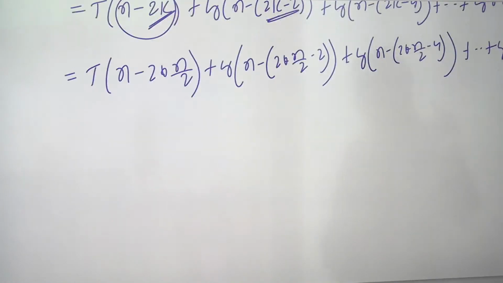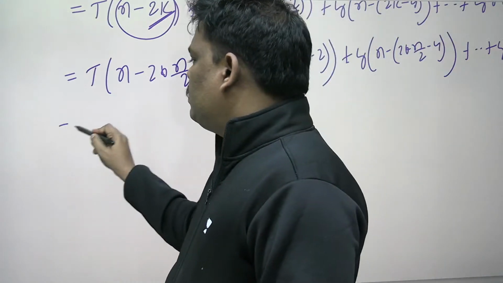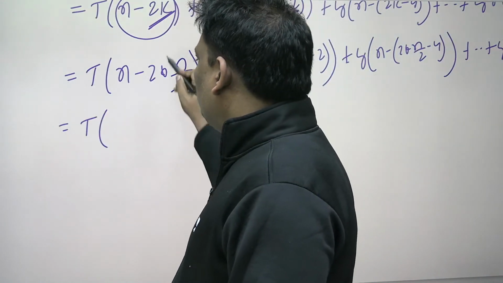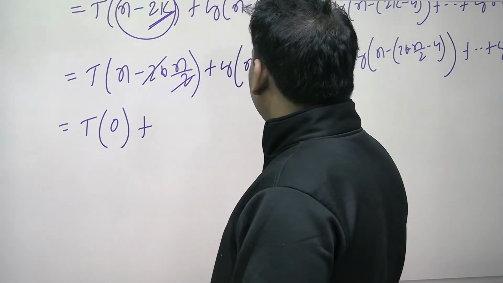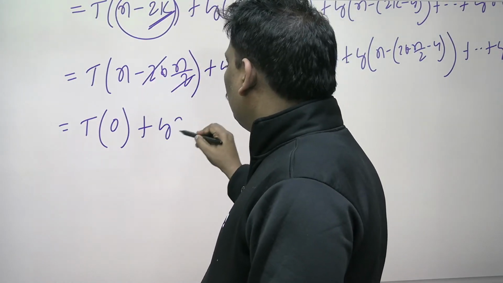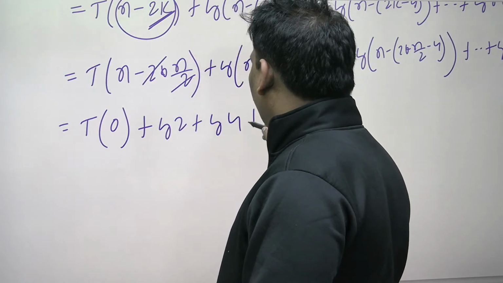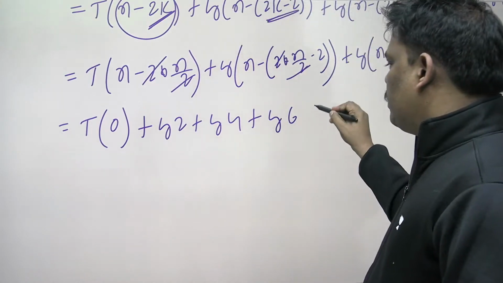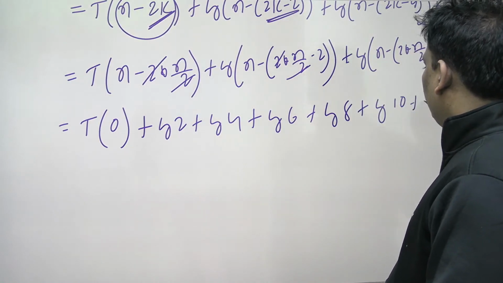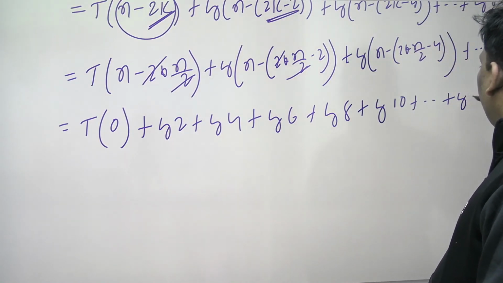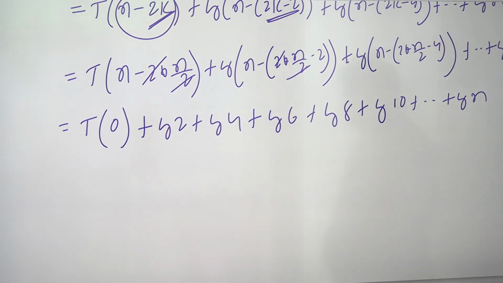Let's simplify this. The 2 cancels with n, leaving log 2, then log 4, log 6 because the difference is 2, then log 8, log 10, up to log n.